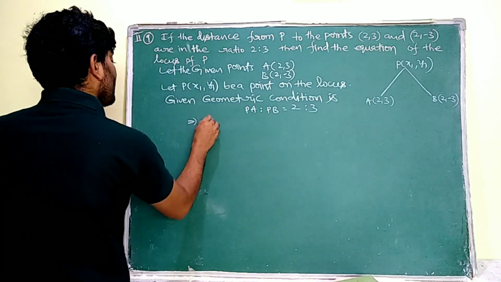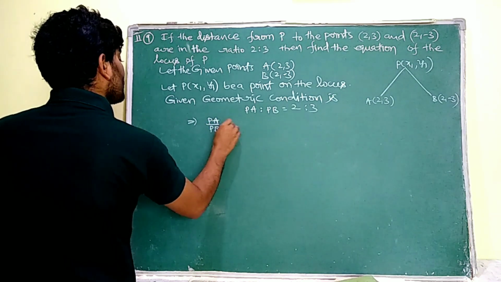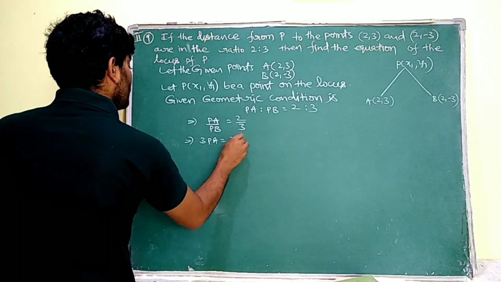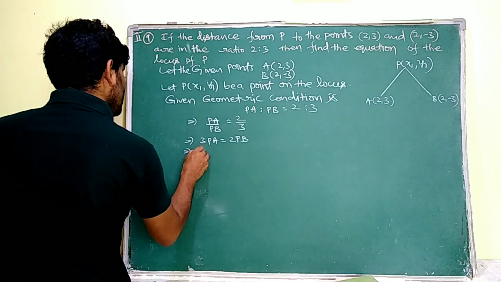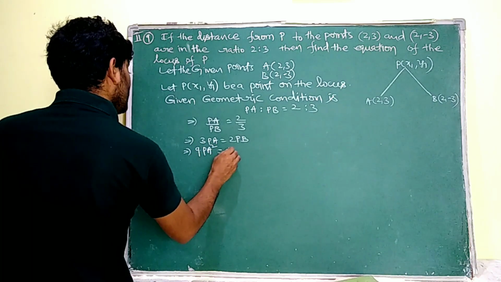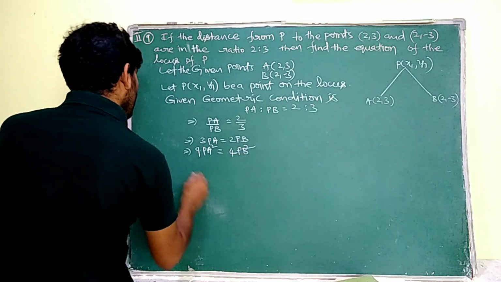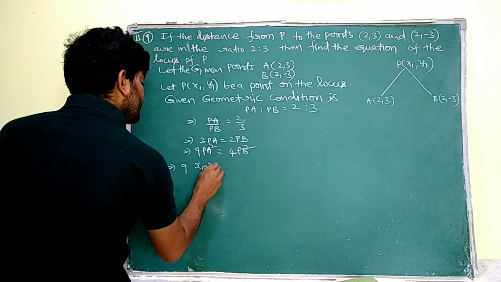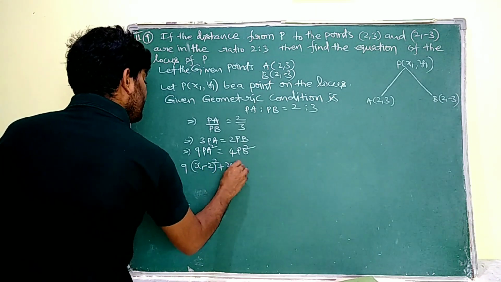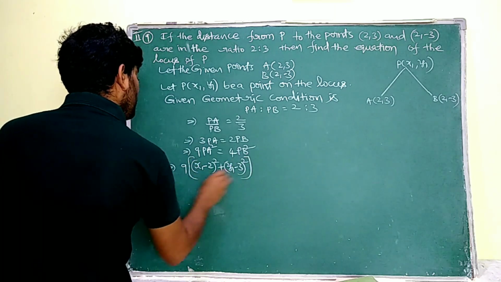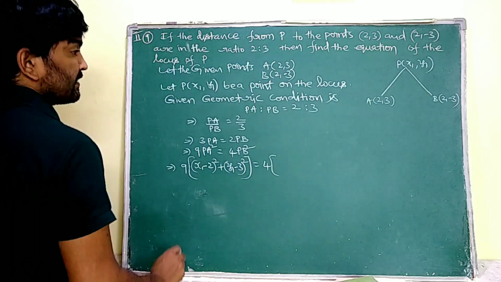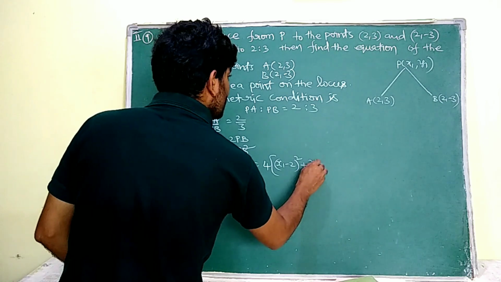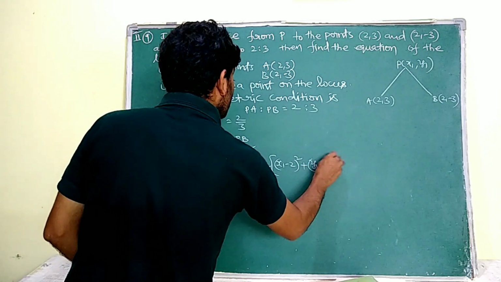That implies PA by PB is equal to 2/3. So 3PA is equal to 2PB. Now squaring on both sides, 9PA square is equal to 4PB square. That implies 9 into PA square, that is (x1 minus 2) whole square plus (y1 minus 3) whole square, is equal to 4 into PB square, that is (x1 minus 2) whole square plus (y1 plus 3) whole square.